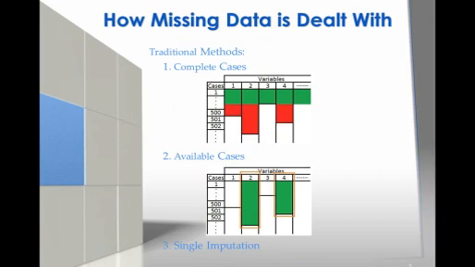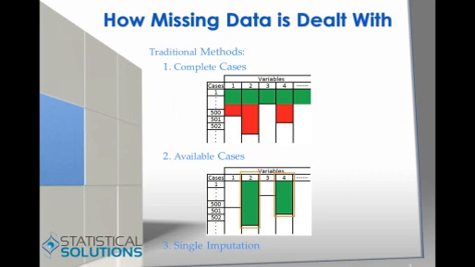So firstly, traditionally, how was missing data being dealt with? Well, many people obviously have heard of complete case analysis, where if any case in your data set has a missing value, that is just automatically deleted, and you just deal with the people or the cases or patients or whatever who have a full set of answers or responses.